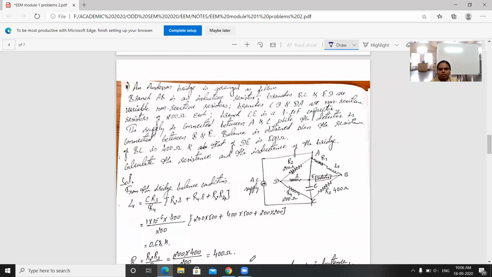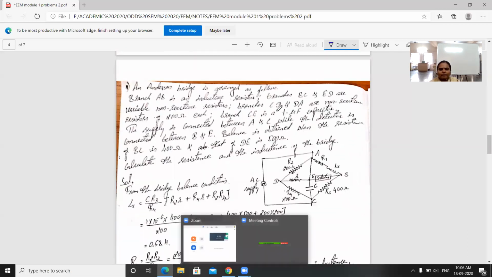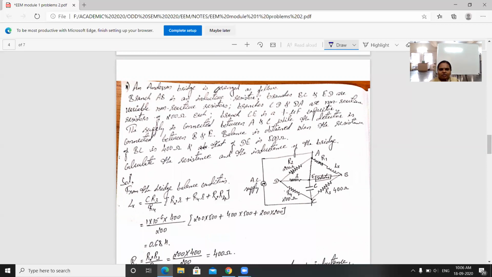And here one more problem is given for us. An Anderson's bridge is arranged as follows. Branch AB is an inductive resistor. Branches BC and ED are variable non-reactive resistors. Branches CD and DA are non-reactive resistors of 200 ohm each.